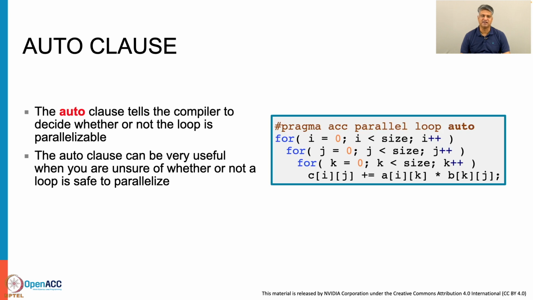The compiler in this case will analyze the code and decide whether a loop is parallelizable or not. So, for example, if you were to use the auto clause for the matrix multiplication program, you will implement it in this manner.